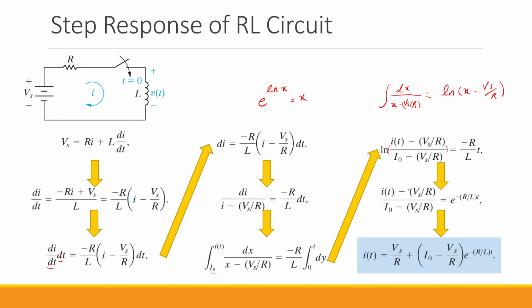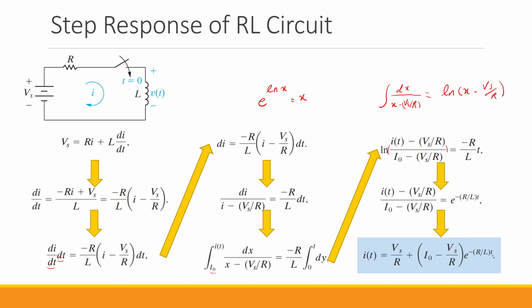So that means that on the left side now we have I minus Vs over R over I0 minus Vs over R. And the right side we have e to the power negative R over L multiplied by t. And now if we finally rearrange everything and have I on the left side, we have I to be equal to Vs over R plus I0 minus Vs over R e to the negative R over L multiplied by t.